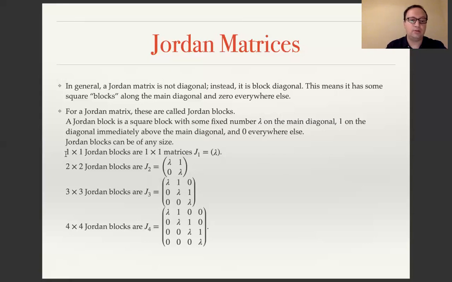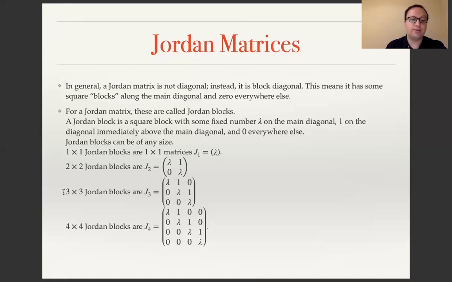So 1 by 1 Jordan blocks are just one entry containing the eigenvalue. So if all the Jordan blocks are of size 1, like this, then it's actually a diagonal matrix. But there are also 2 by 2 Jordan blocks, which look like this, lambda 1, 0, lambda. So lambda on the main diagonal, 1 on the diagonal immediately above the main diagonal, and 0 everywhere else.